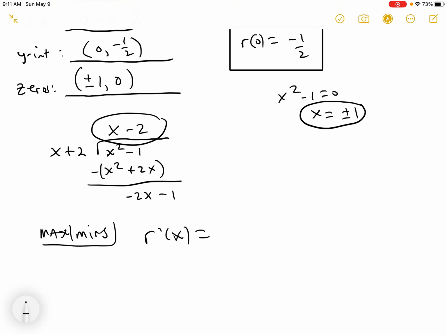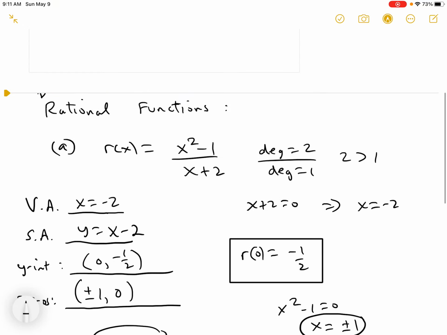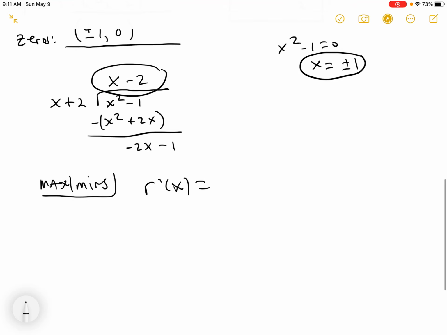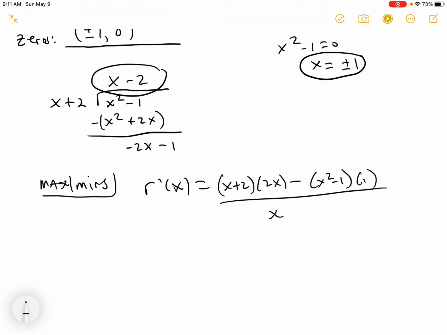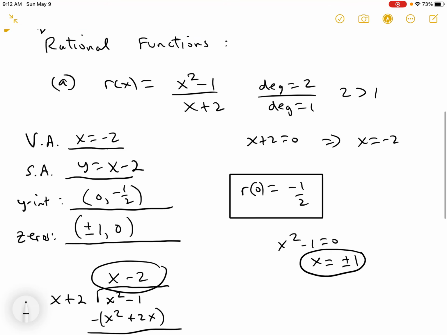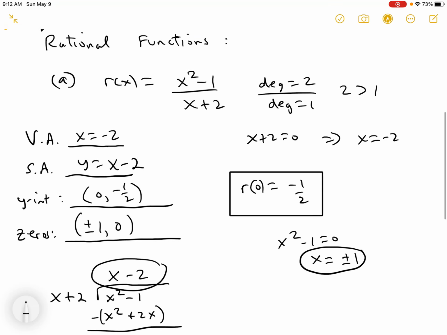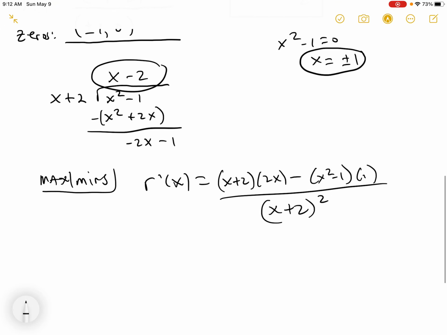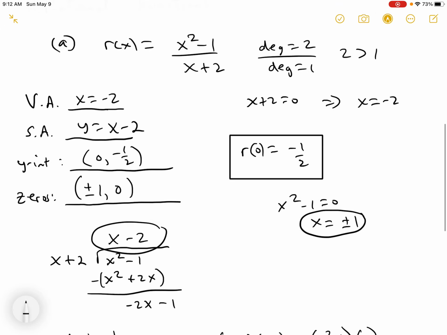R prime of x is what? Low d high minus high d low all over low squared, right? So low d high minus high d low over low squared.